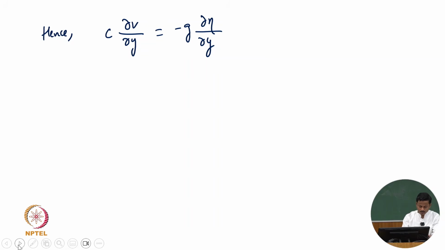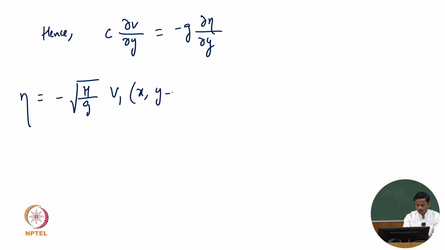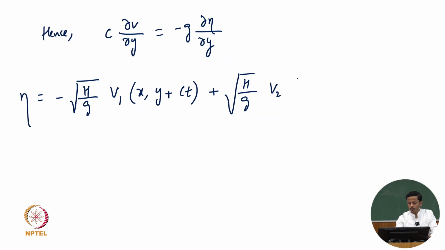This equality gives us the form of the surface elevation, eta, as minus root h by g V1(x, y plus ct) plus root h by g V2(x, y minus ct).